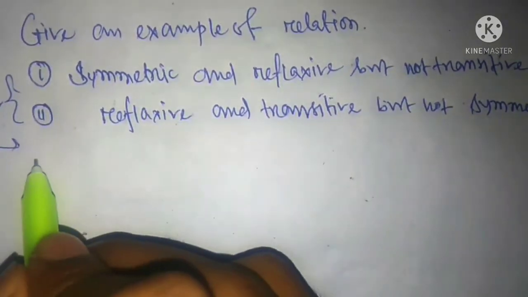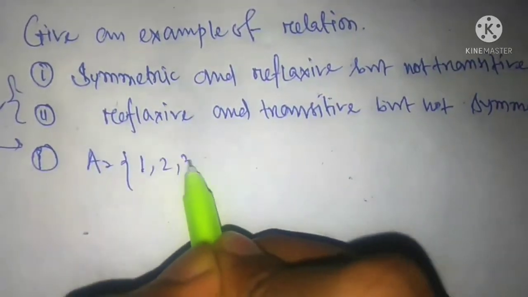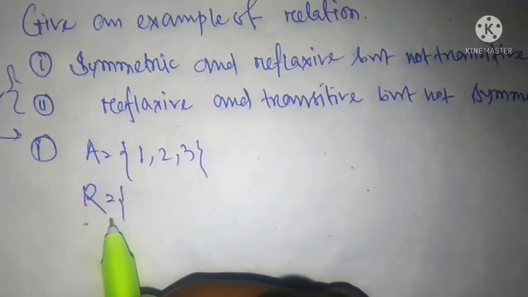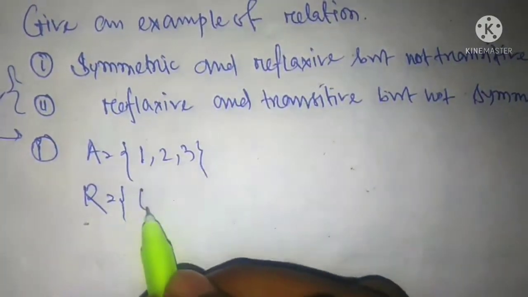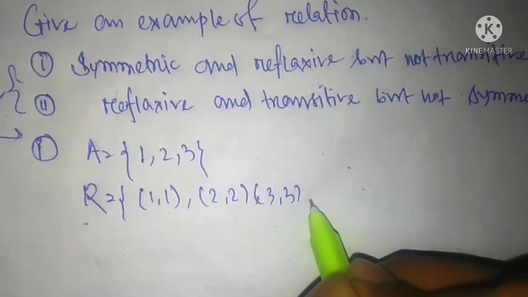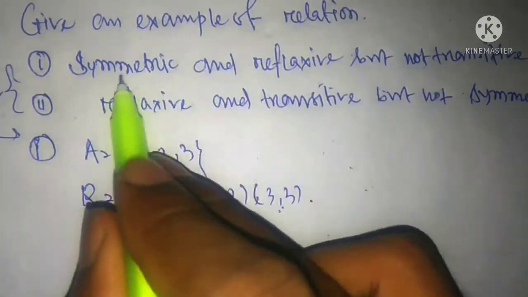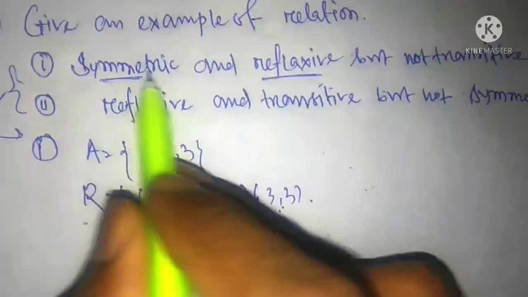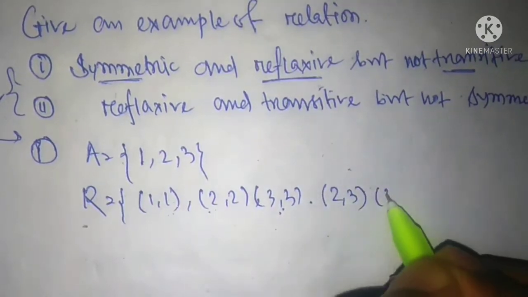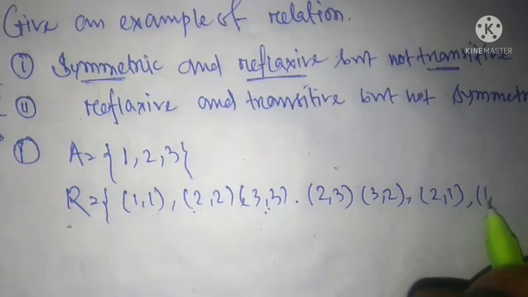So first, let A be the set {1, 2, 3}. We have to define the relation. The relation (1,1), (2,2), (3,3) is reflexive. Then for symmetric we add (2,3), (3,2), (2,1), (1,2).